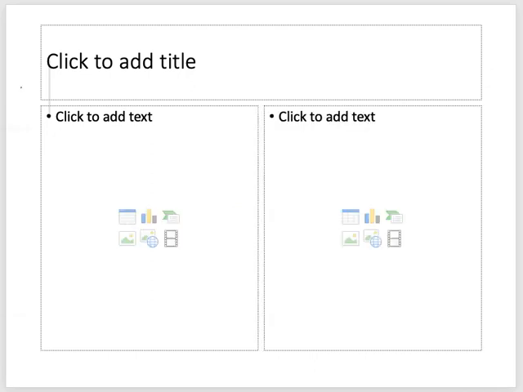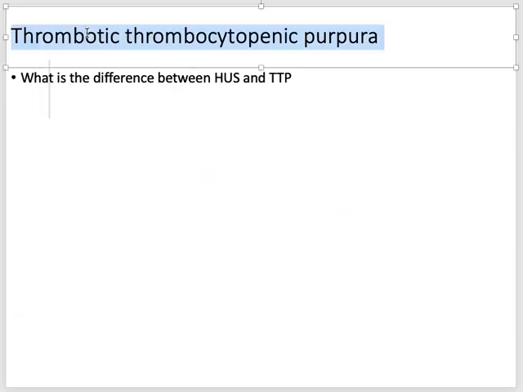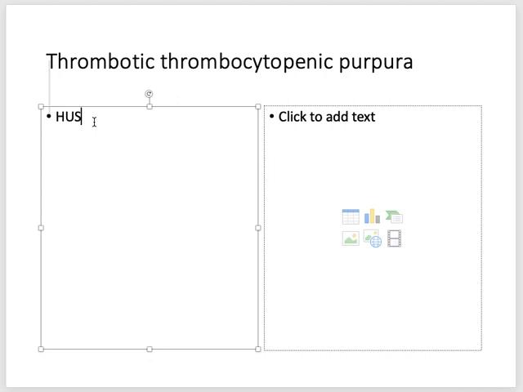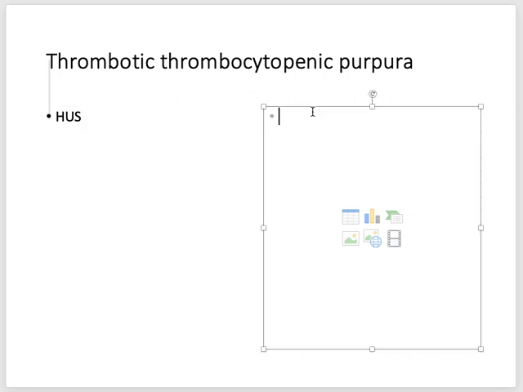So now, what we are studying, we are doing thrombocytopenic purpura. Okay, this one is for HUS, this one is for TTP.